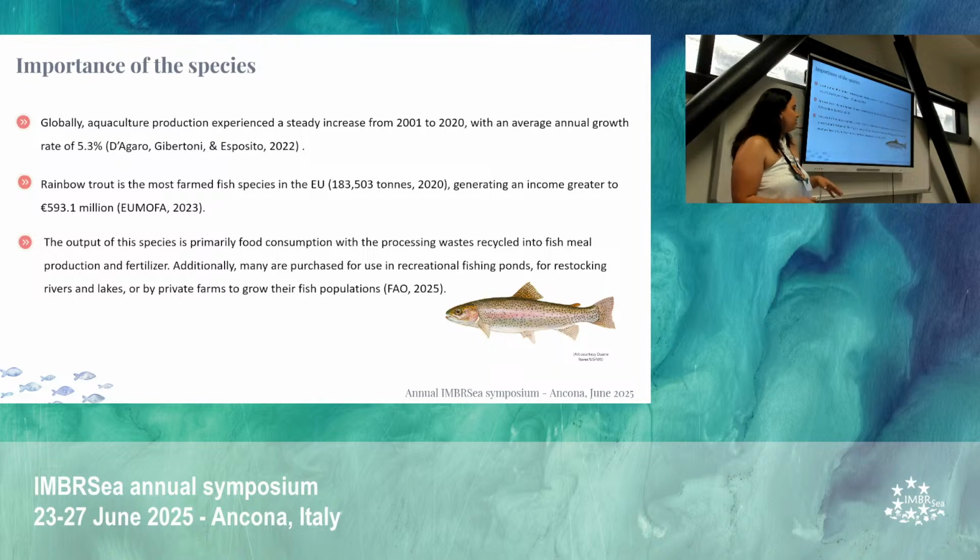The output of the species is used mostly for food consumption, for people, and the majority of the waste products go towards animal feed and to create fertilizers for agricultural use. They are also grown to stock recreational ponds for sport fishing, or to stock rivers and lakes where they are native to keep the populations.